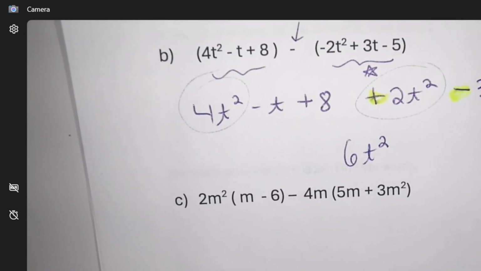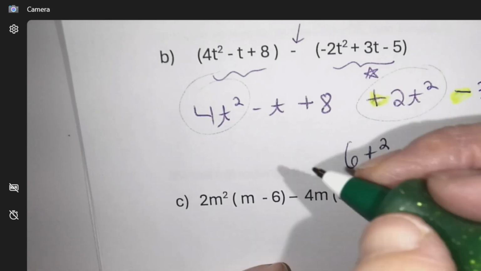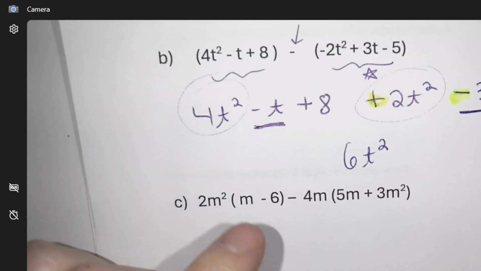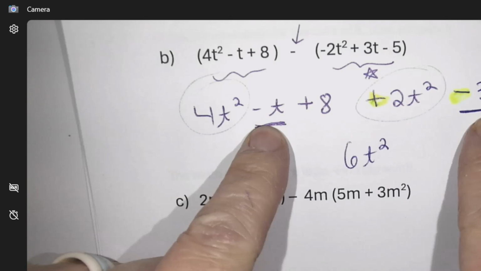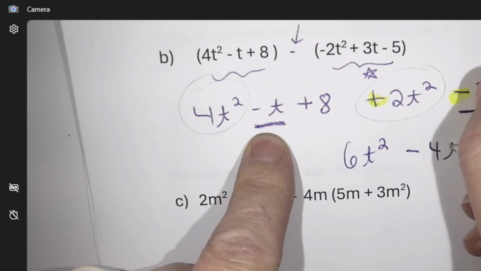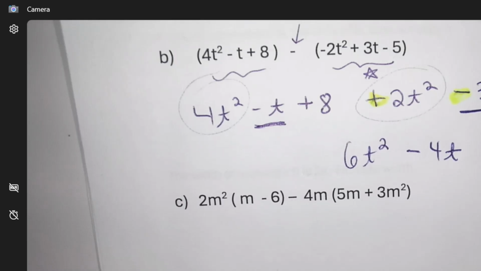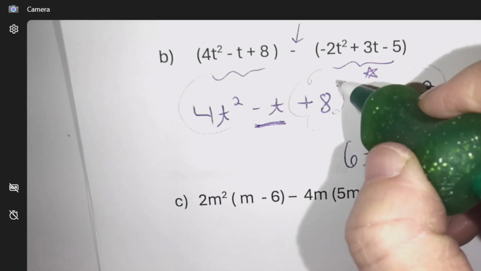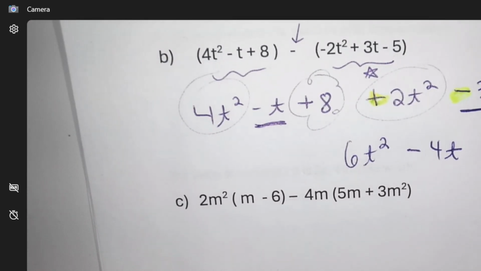They added exponents, which is thinking about multiplying. Okay, and then we're going to go the negative t with the negative 3t. So do you make a negative 4t? 14. And then we can put the 8 and the 5 together.